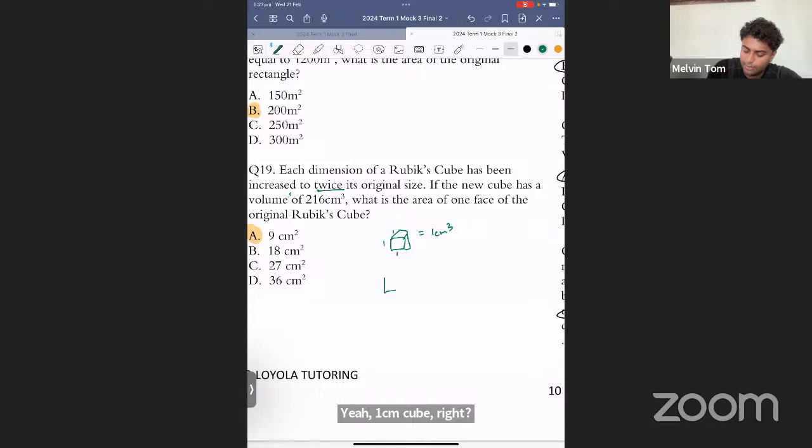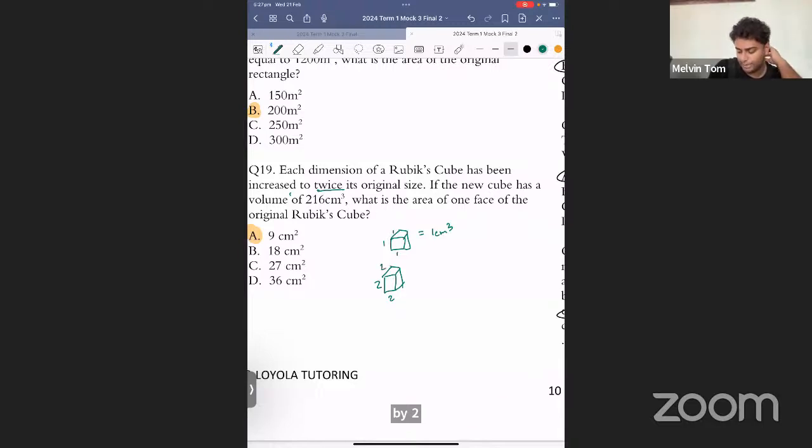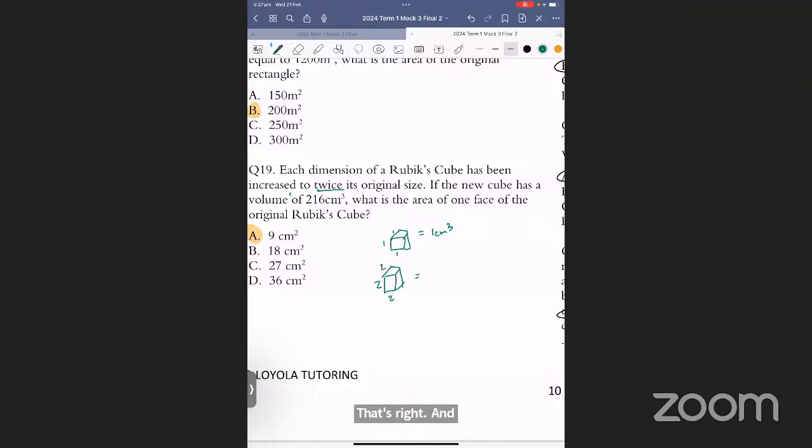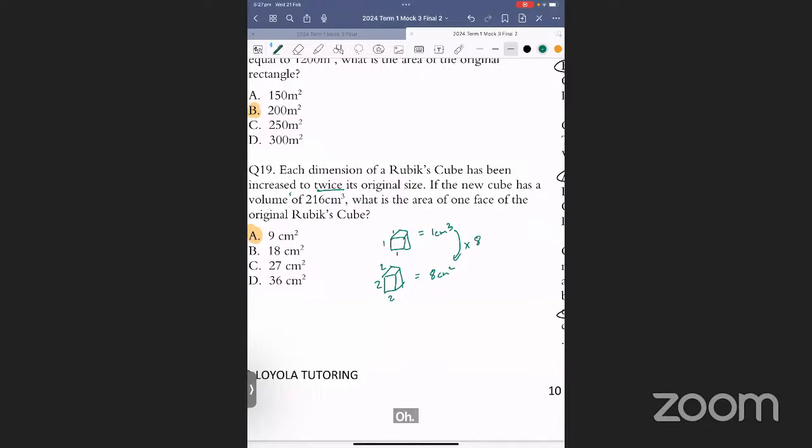So now the cube is 2 by 2 by 2. And what's the volume of this one now? 8 centimeters cubed. So when you double all the dimensions, Kushal, what factor do we increase the volume by? 8. Good man.